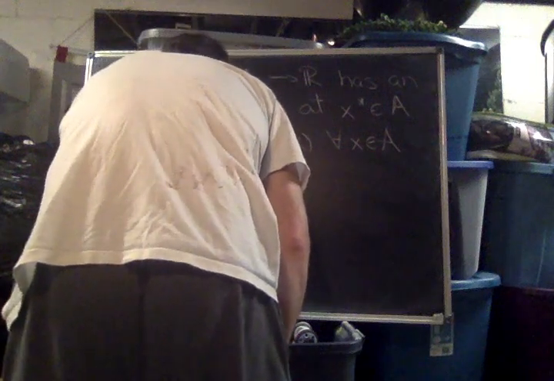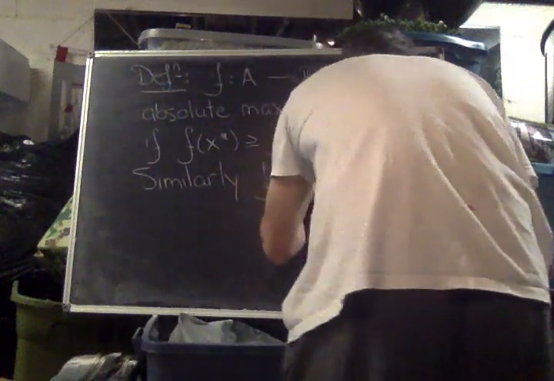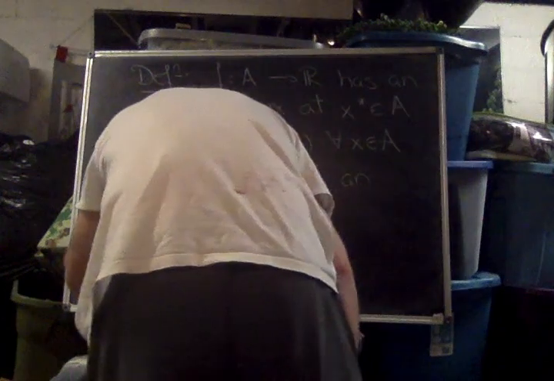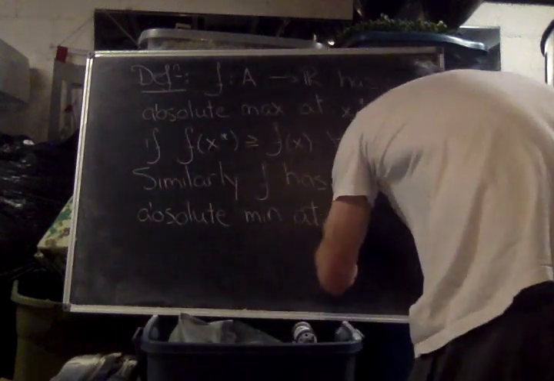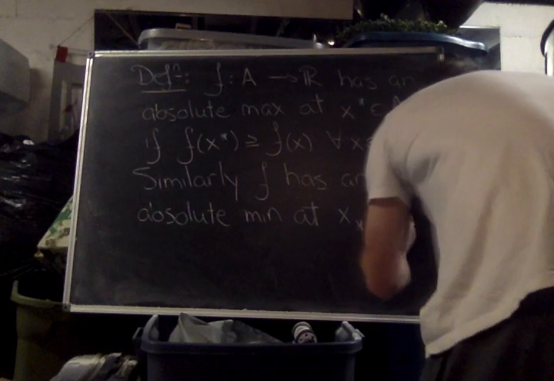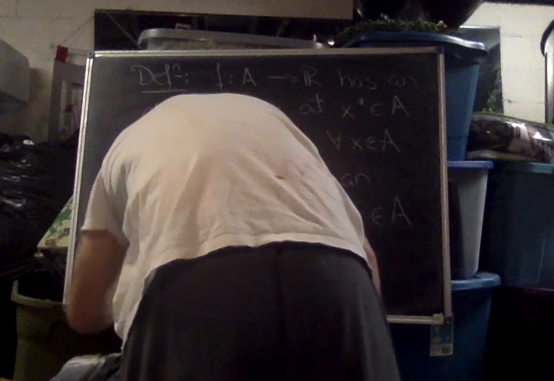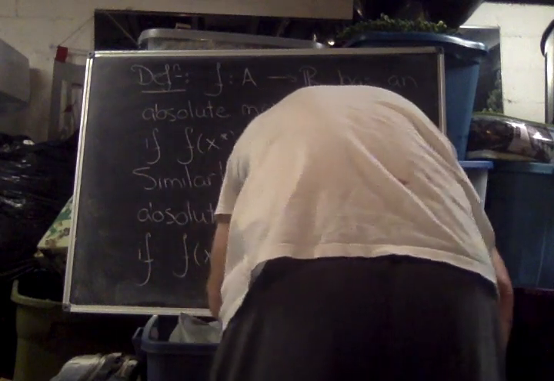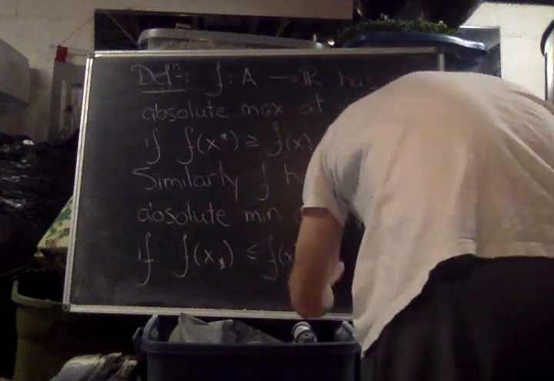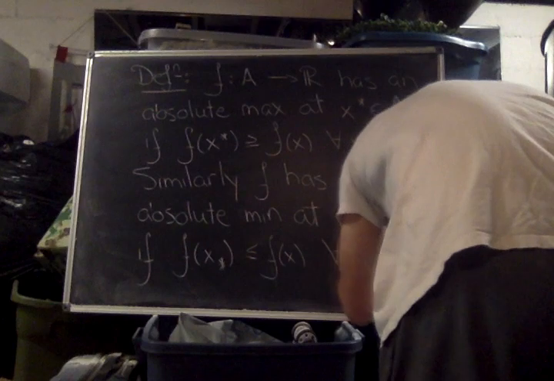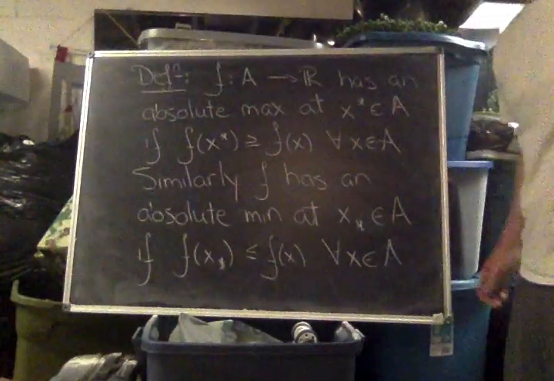Similarly, f has an absolute min at some other point, call it x lower star, belonging to A, if f evaluated at x lower star is less than or equal to f of x for all x belonging to A. Okay?